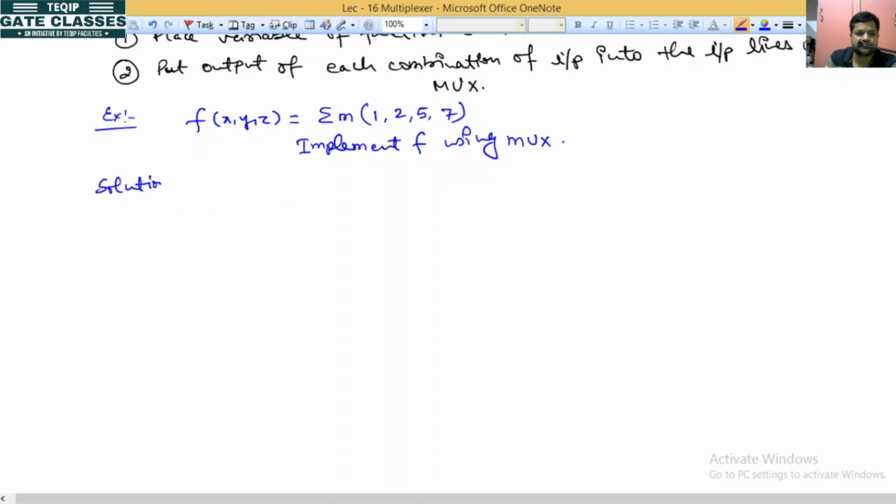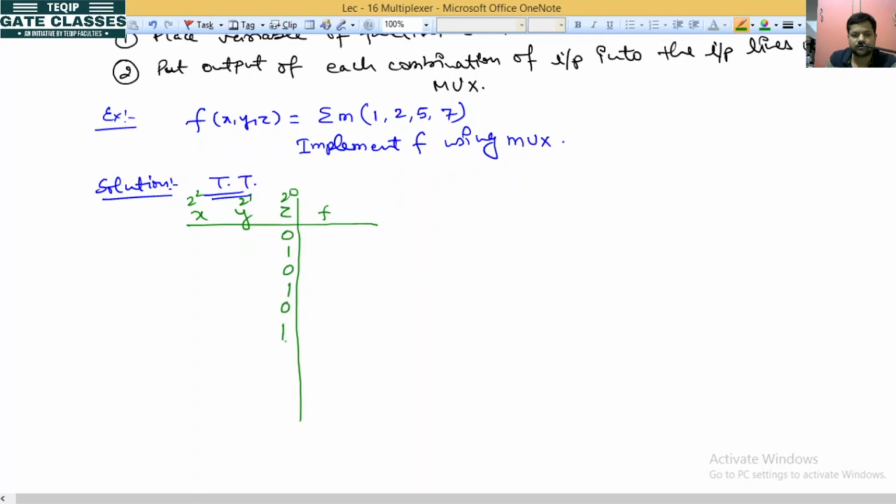The solution will be, first of all, you have to write the truth table. We have 3 inputs and 1 output. The inputs follow 2 to the power 0, 2 to the power 1, 2 to the power 2, so the columns alternate 0 1 0 1, then 0 0 1 1, then 0 0 0 0 1 1 1 1.